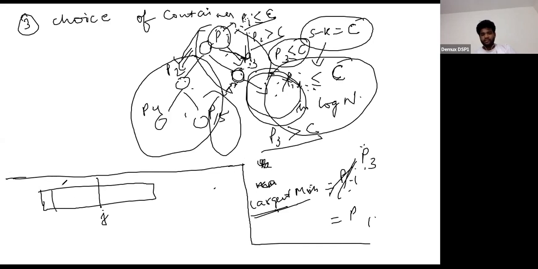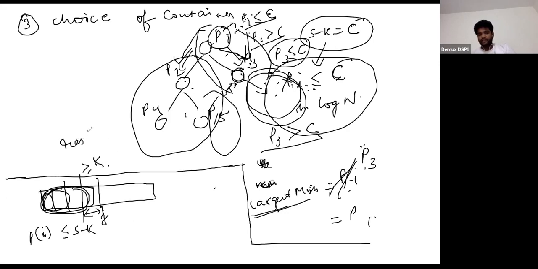So from all these PIs, I had to search the largest PI, which is less equals s minus k. If I put all these PIs in a binary search tree, then I can search for this in log n time. Once I do that, I will have the smallest subarray ending at j with sum greater equals k, right?